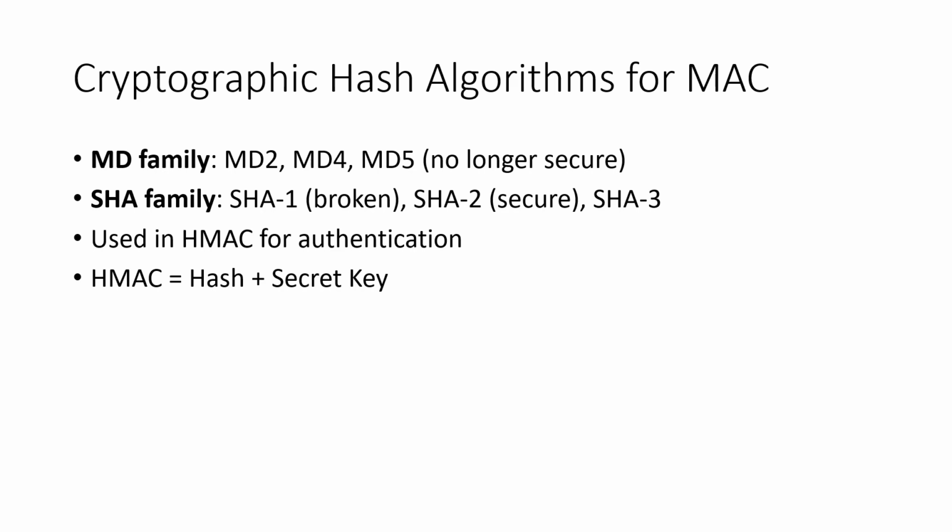So, there are two major families of cryptographic hash functions which are commonly mentioned, one is the MD family and the other is the SHA family. The MD family includes MD2, MD4, and MD5. These were once widely used but are now considered very insecure, especially MD5. It was fast and popular, but researchers discovered how to generate collisions, which made it unsafe for security applications.